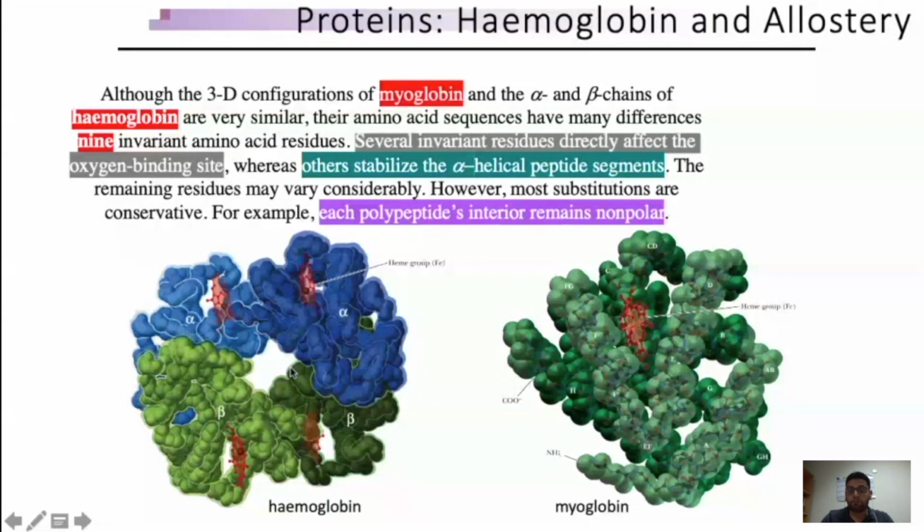Other residues are there to stabilize the alpha helical structure, and there are still other residues which are important to develop this hydrophobic core structure.